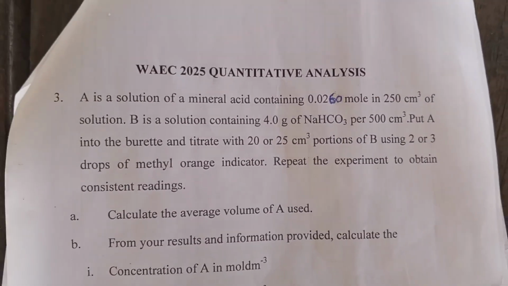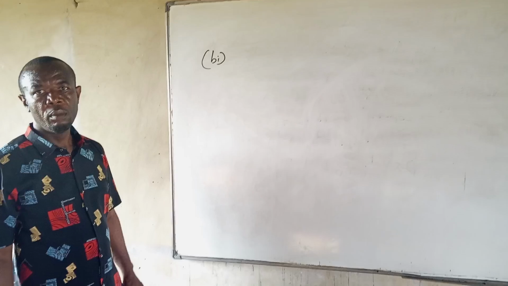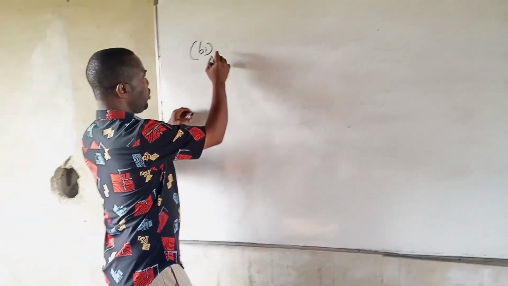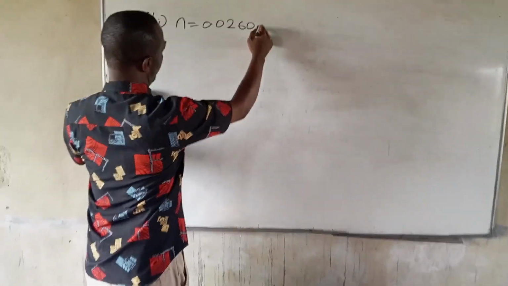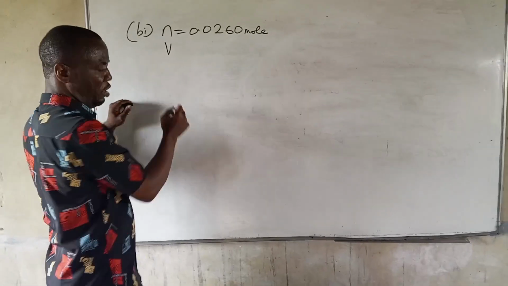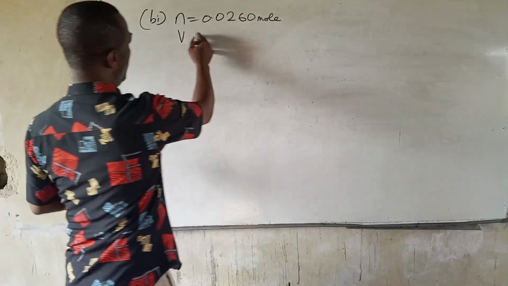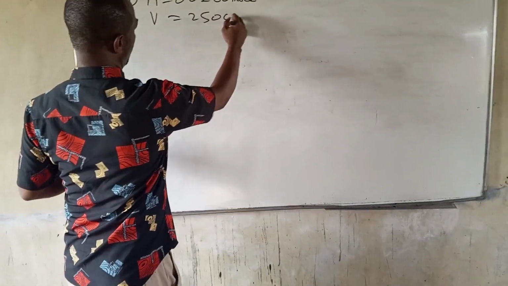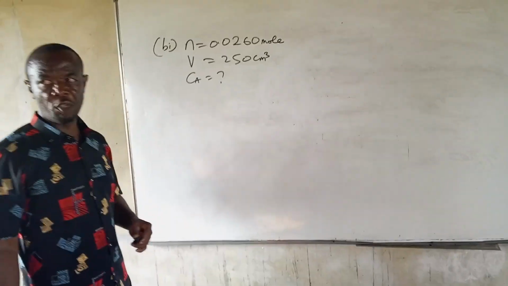We have 0.0260 mole of the acid in 250 cm³. So the number of moles of the acid given to us is 0.0260, unknown acid. The acid volume given to us is 250 cm³. And you're looking for the concentration of the acid. How do we solve this problem?